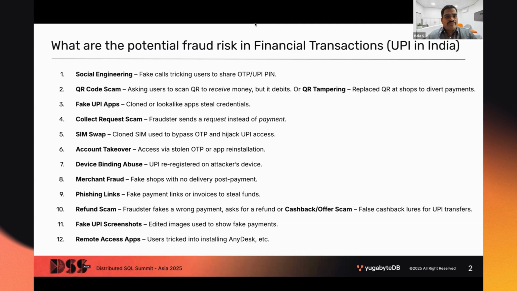It can be a fake call saying you made a payment a couple of minutes back, but it was not authorized and you have to share the OTP again. People may simply share their OTP, a one-time password, or a PIN, without knowing the risk. There are QR code scams where users are asked to scan a QR to receive money, because it is not only sending money, it is also receiving money.